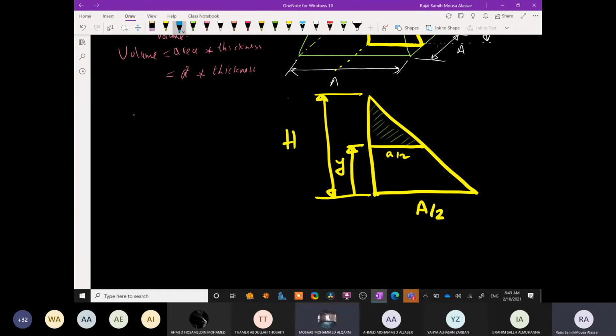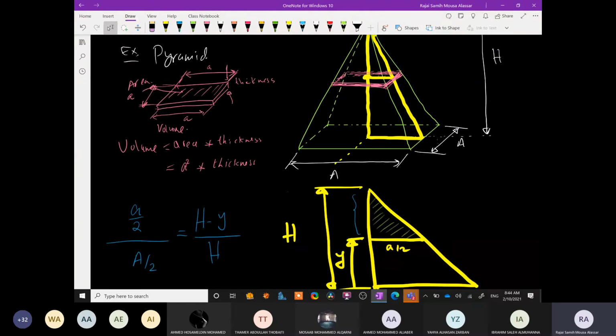Yes. They are similar. So now I know that a over 2 divided by capital A over 2 is equal to what? Is equal to this height, which is H minus Y, divided by the big height, yes? Yes. Which is h. All right? Okay. So now observe that this thickness here, what do I call this thickness? dy.